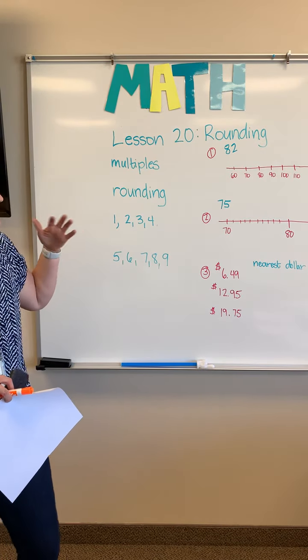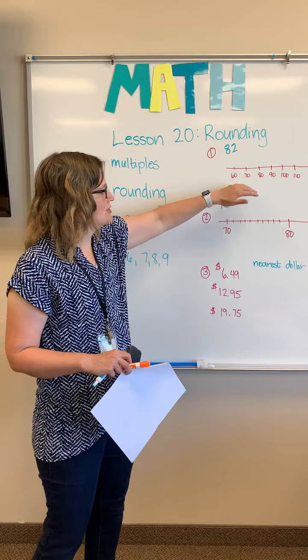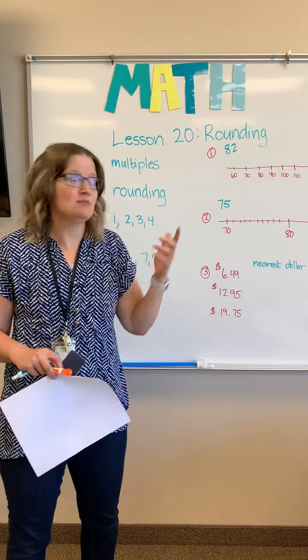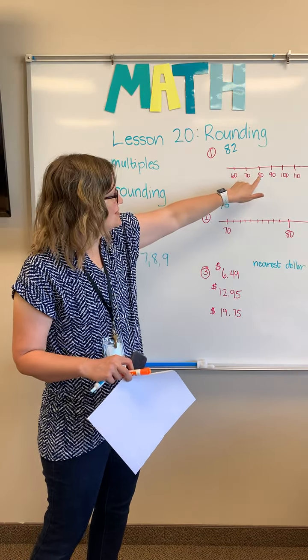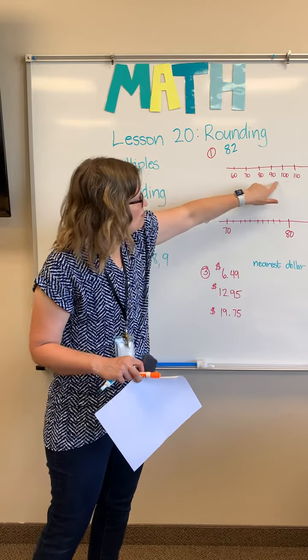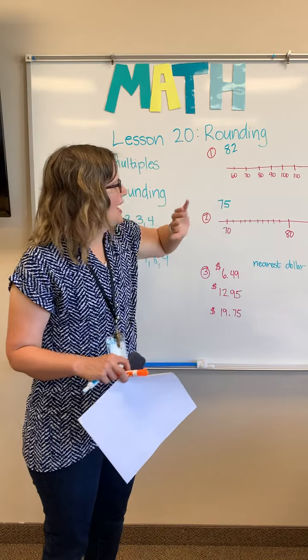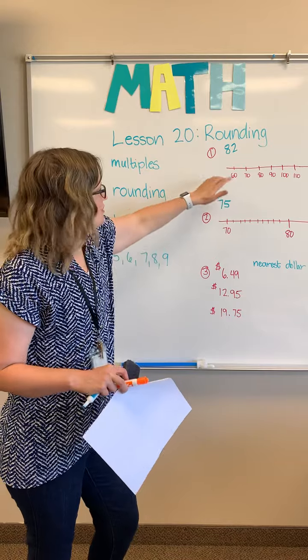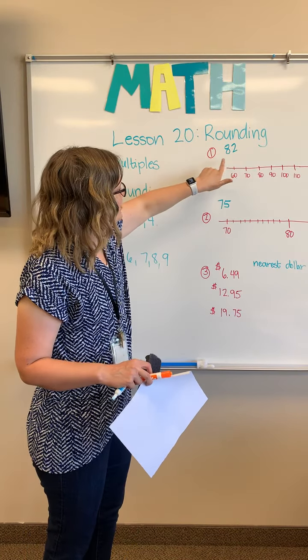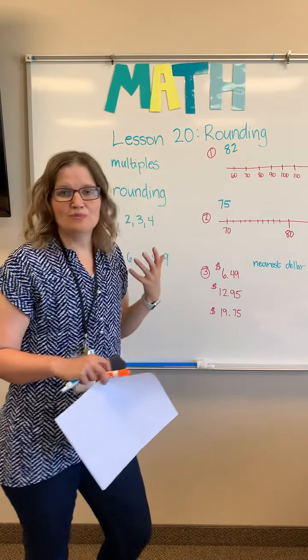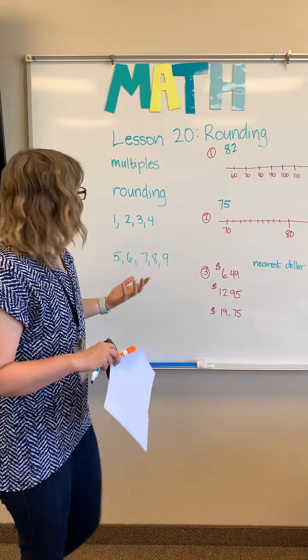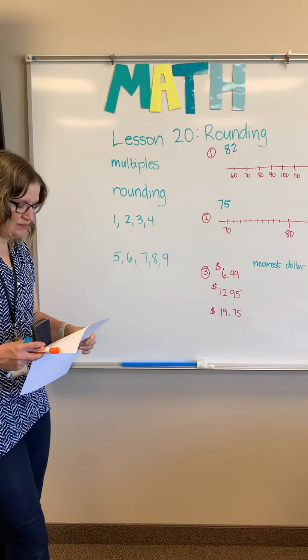In this situation, we are working with multiples of 10. So if we took 10 times 6, 10 times 7, 10 times 8, these are all multiples of 10. And so when we're rounding, we'll want to go to the nearest multiple of 10 in today's lesson.